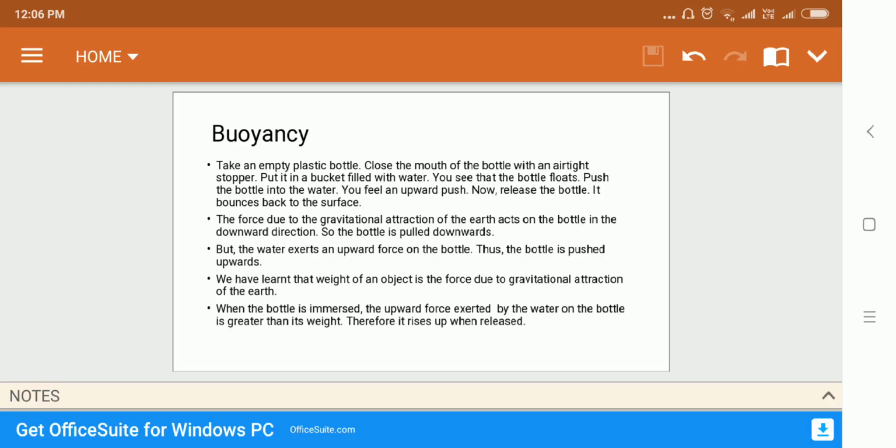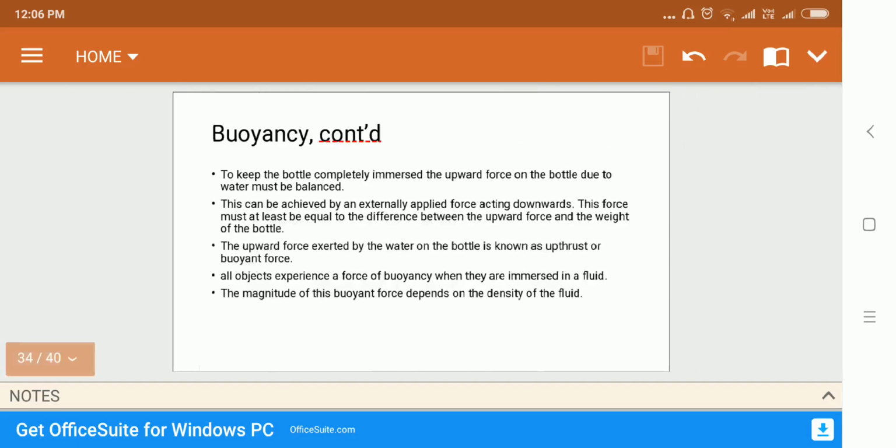I repeat again: while the bottle is moving upward, the force given by the water is greater than the gravitational force on the bottle, that is, its weight. So the force given by the water is higher than the weight of the bottle. Then only it rises up when released.